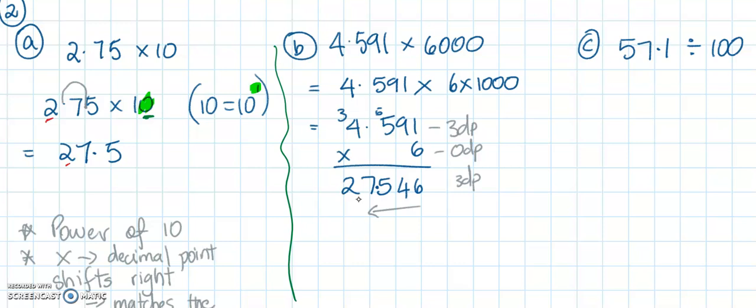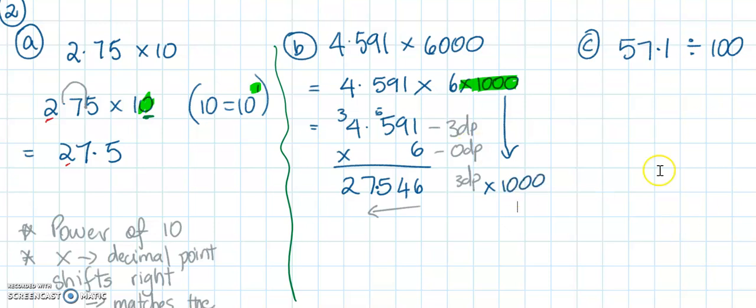Now remember, 27.546 is only 4.591 multiplied by 6. We also have to multiply by 1,000, which we have not done yet.